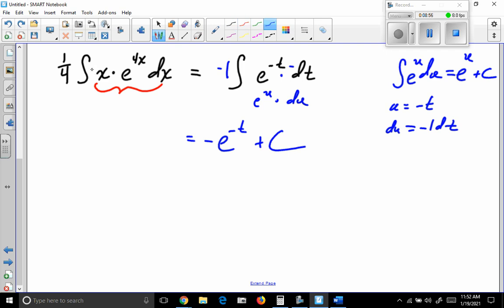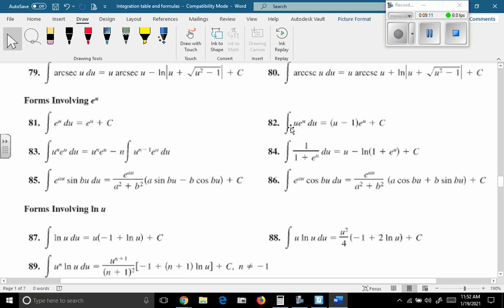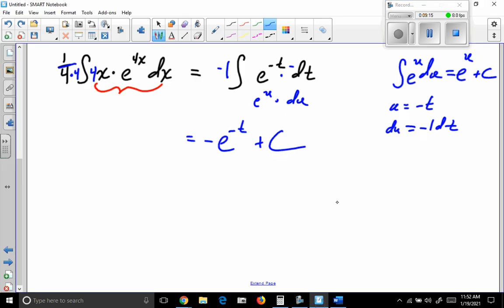If we had a 4 in front of the x, this would be u, and then e to the u. Well, if I put a 4 here, I would have to divide by 4 out front. Okay, well, if I do that, if I have an e to the u, then du has to correspond to u.